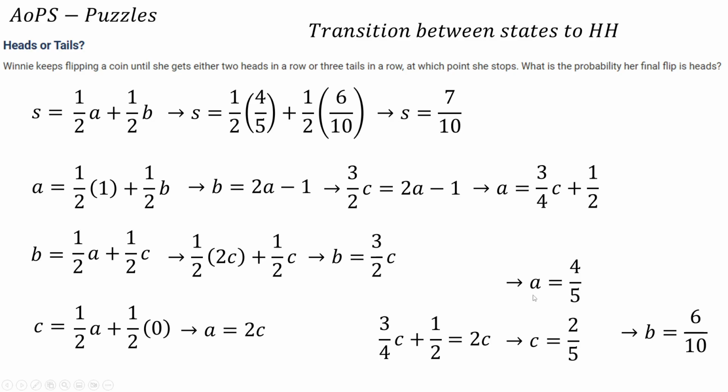This represents how to get from A, i.e. from currently being on heads to heads. This represents how to get from tails to heads. Okay, hopefully that makes sense. So our final answer is 7/10, because that's the probability from the start of the game, which is obviously what we're looking for.